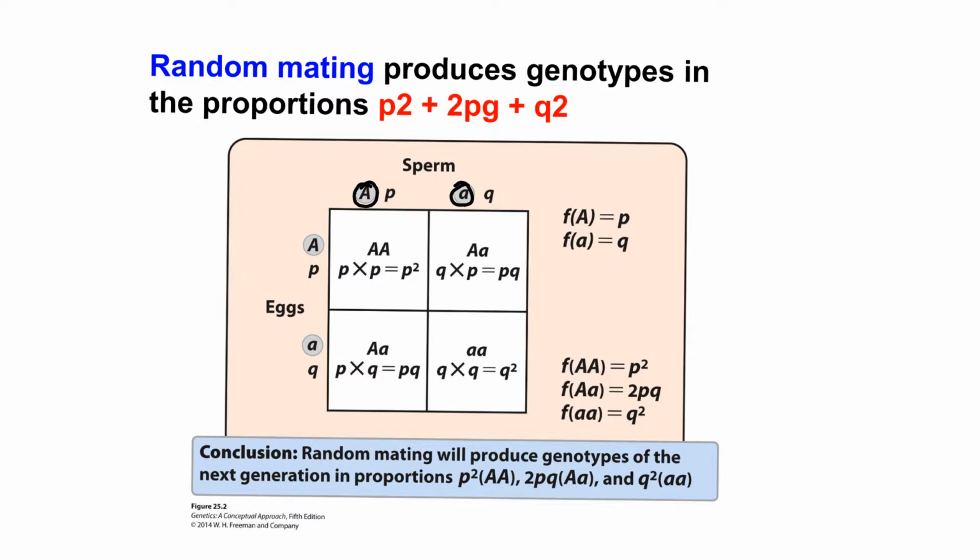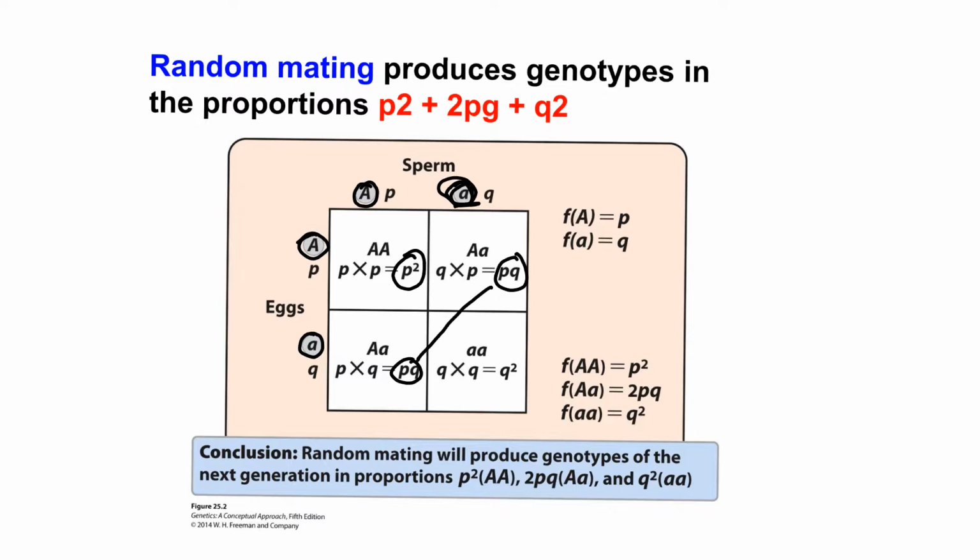The gamete with the dominant allele can be fertilized by a gamete with the dominant allele, so you get p times p, which is p square, representing homozygous dominant. However, the same gamete containing the dominant allele can be fertilized by a gamete containing the recessive allele, and you have p times q, which is the heterozygote pq. The same here, a recessive allele can be fertilized by a gamete with the dominant allele, and you have pq.